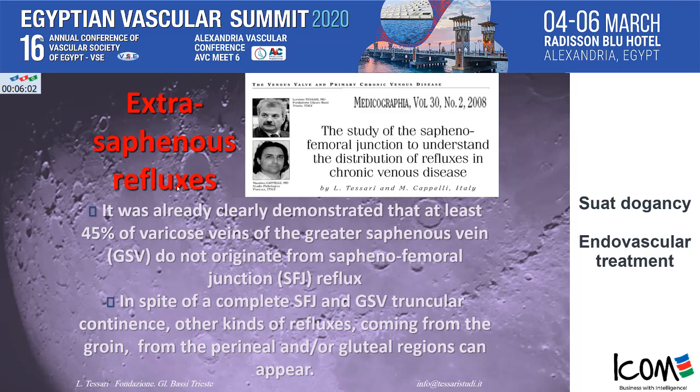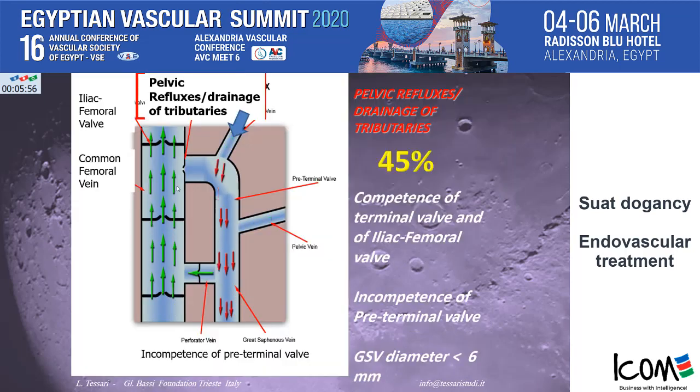They have reflux only in collateral veins, in tributary veins, with the femoral vein that is well functioning and competent, and the ostial vein is competent. They only have the reflux in the pre-ostial vein valve.